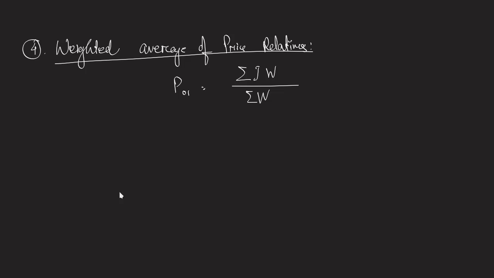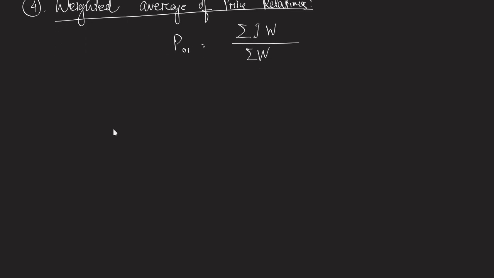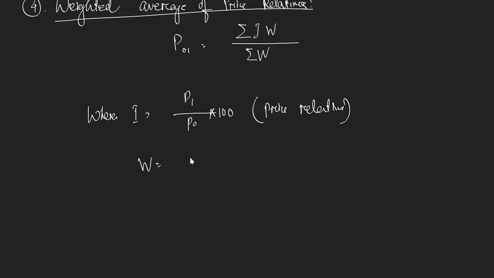I means price relative, where I is equal to P1 by P0 into 100, which is also known as price relative. W is taken as P0 Q0.